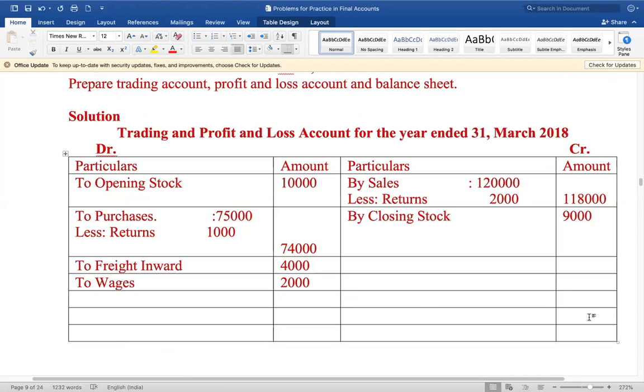What is the total of the trading account? 1,18,000 plus 9,000 is 1,27,000. And there is a balance. What's the total of the debit side? 1,000 plus 74,000 plus 4,000 plus 2,000 plus 10,000, the total is 90,000. The credit side total is 1,27,000. 127 minus this amount.